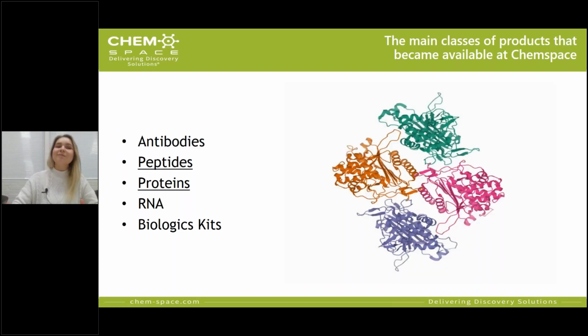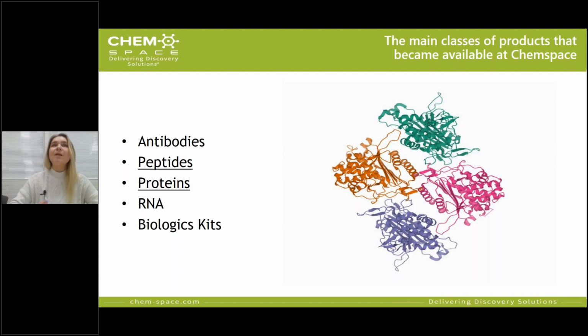The second part, that's the second part of products I'd like to tell you about: peptides and proteins. Chemspace provides access to quite a huge database of peptides and proteins of many different kinds.